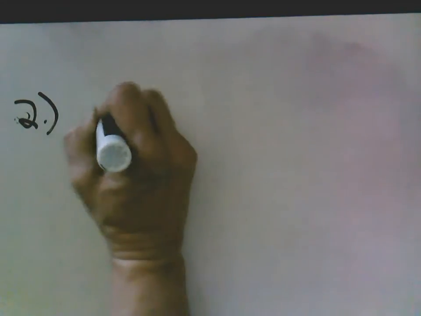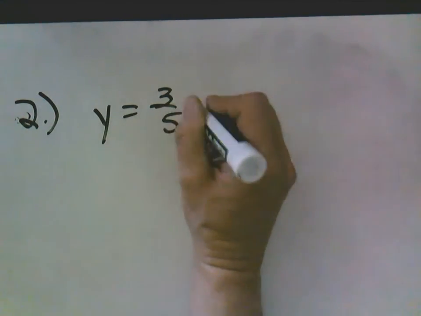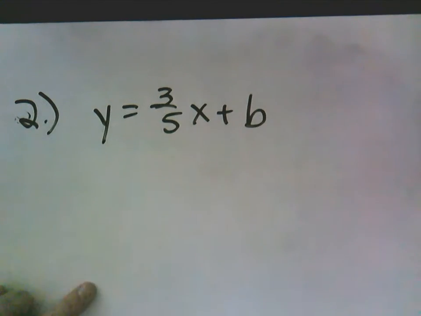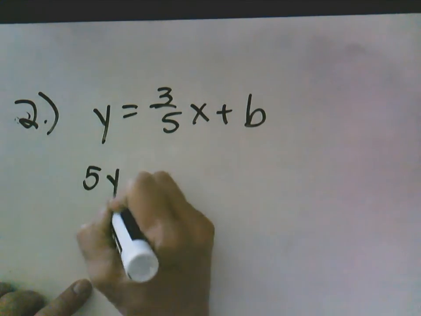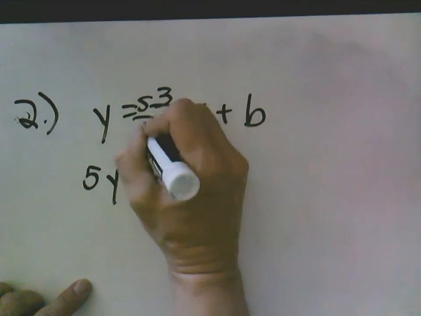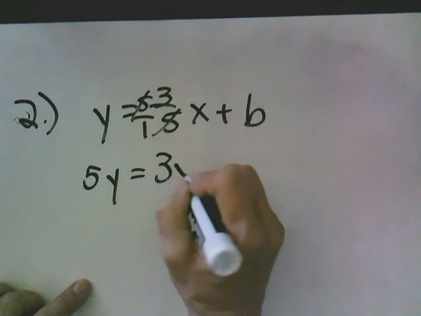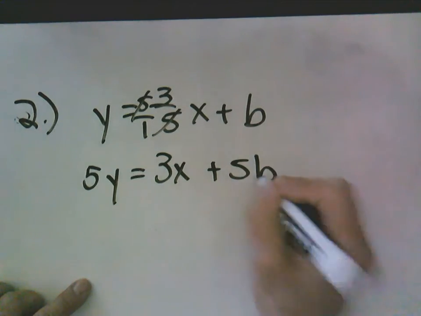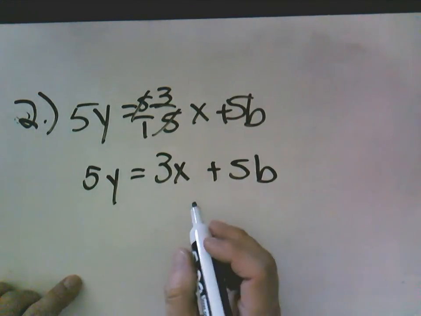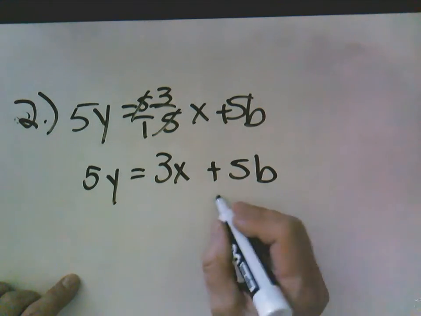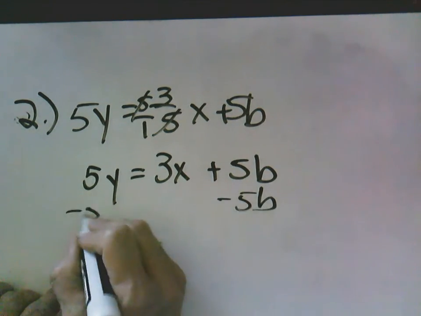Okay, so for number 2, y equals 3/5 x plus b. I want to get rid of this fraction, so I'm going to multiply everything by 5. Here, that's 3x plus 5b. So I multiplied every term by 5. Now I'm solving for x, so I want to subtract 5b.